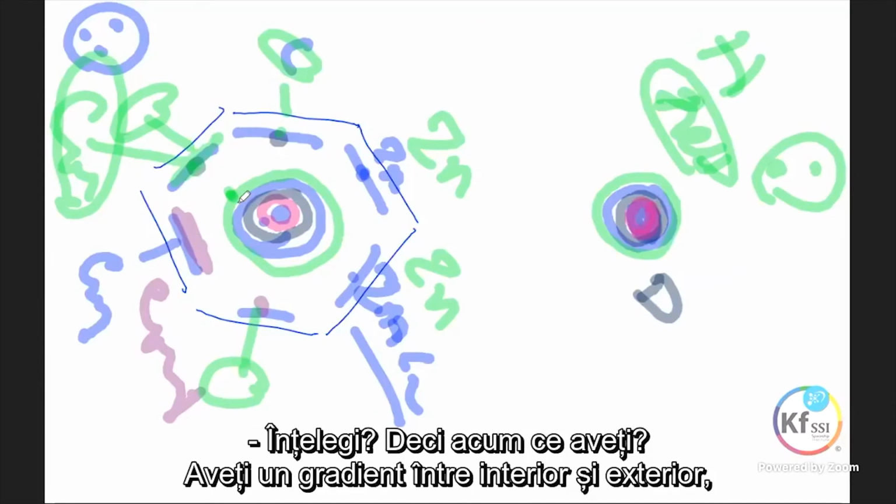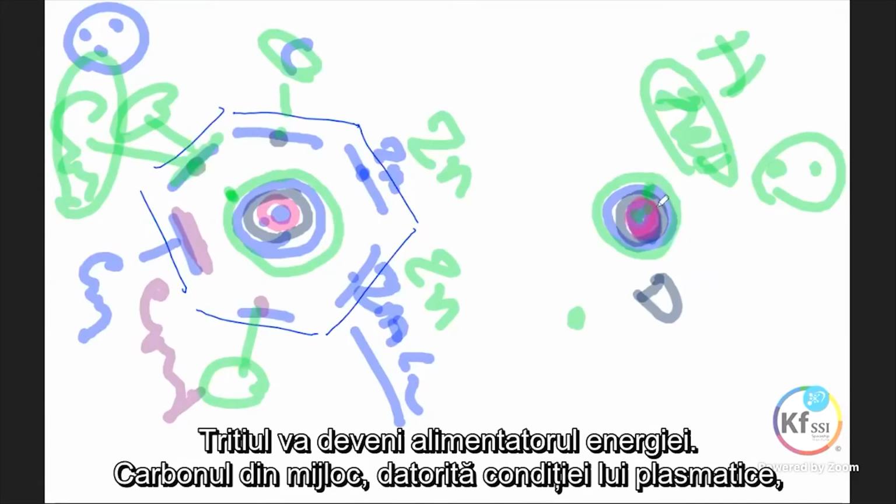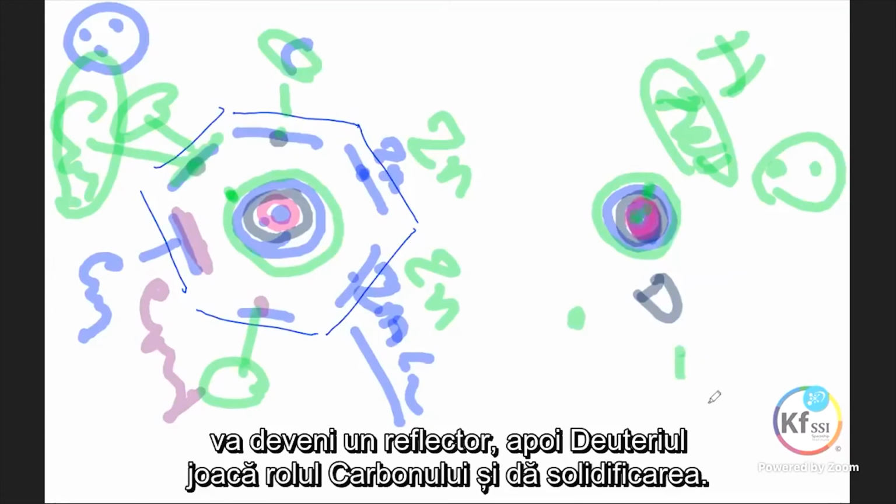So now you have a gradient difference between the inside and outside. It will turn 100% to deuterium, and it will turn the tritium. Tritium will become the feeder of the energy. The carbon in the middle, because of its plasmatic condition, becomes a reflector.